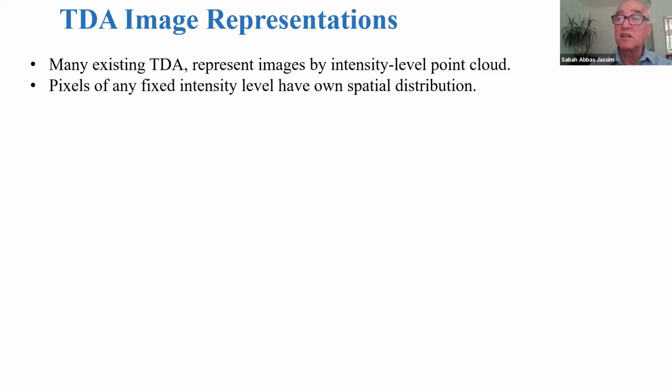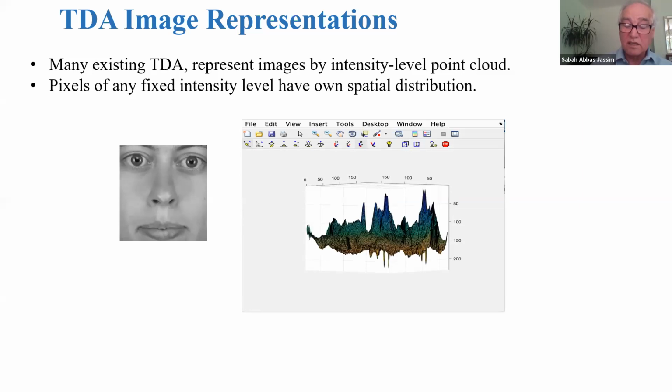One of the questions came about using thresholds, for example, because we know that pixels of any fixed intensity level, like this image here, you can turn it into a surface.